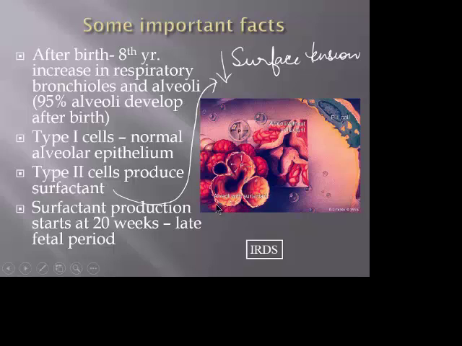So if your alveoli are not inflated and they are stuck together, what is the first thing you think the child is going to suffer from? Not able to get enough air, which means they'll have respiratory distress. So when not enough surfactant is produced, you get a condition which is known as infant respiratory distress syndrome.